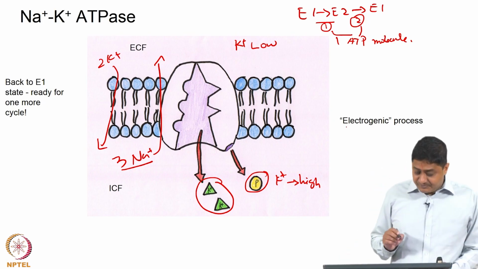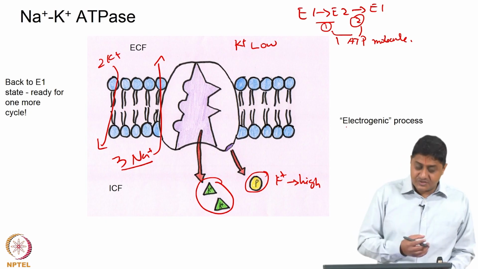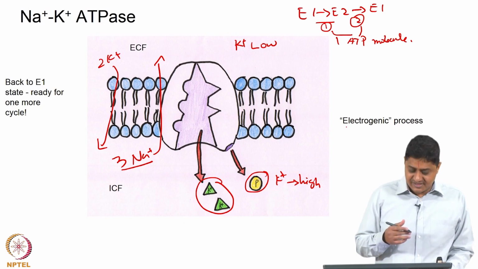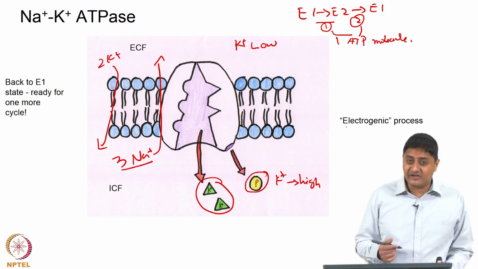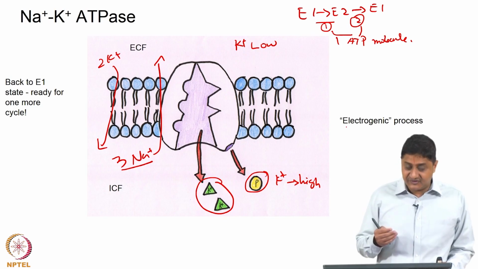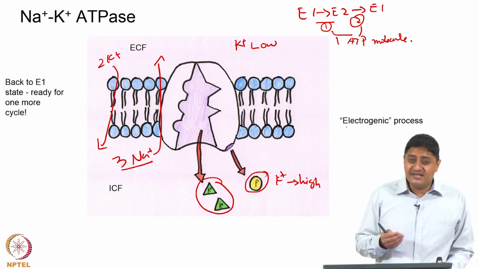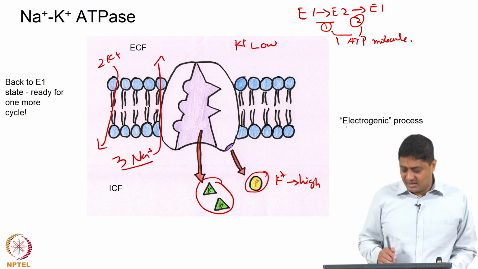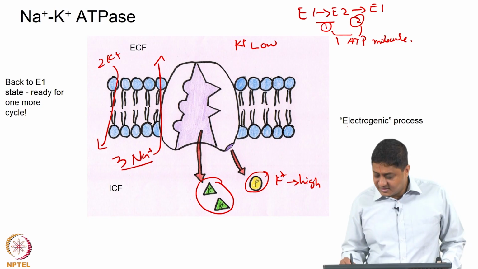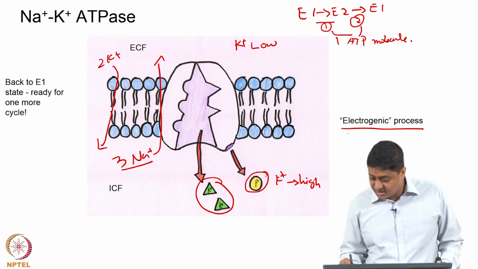One more time, since 3 sodium ions are transported from inside to outside and 2 potassium ions from outside to inside, effectively one positive charge has left the cell. Because of this, the cell becomes a little less positive, or a little more negative, with each cycle of this ATPase function. So, this is an electrogenic process, or it creates charge separation, right.